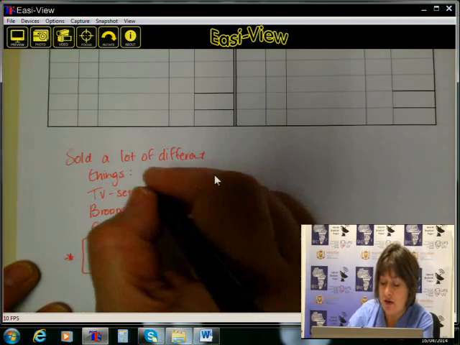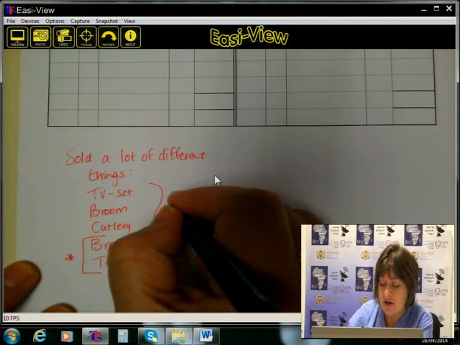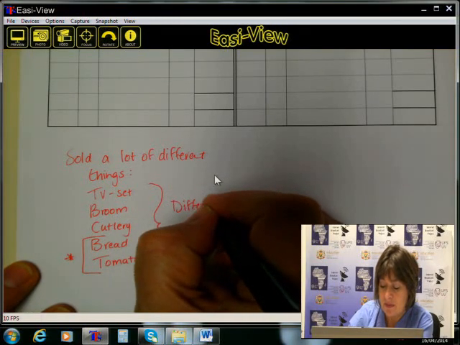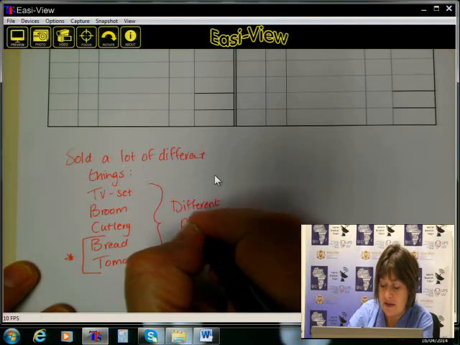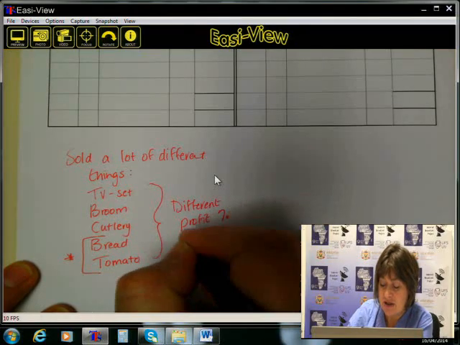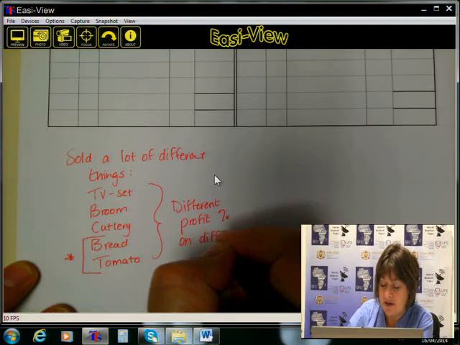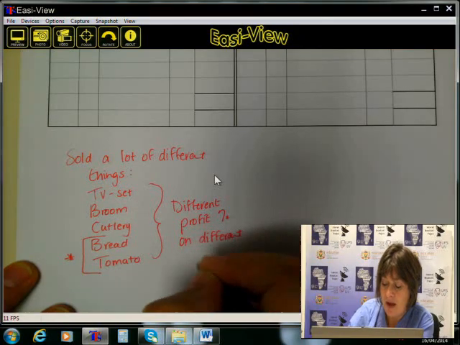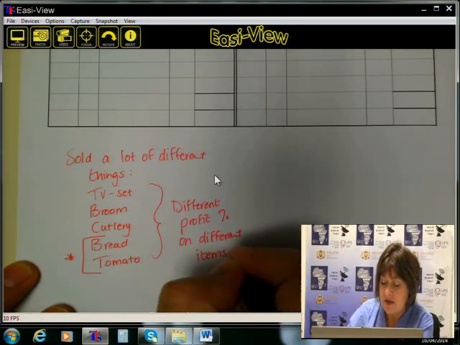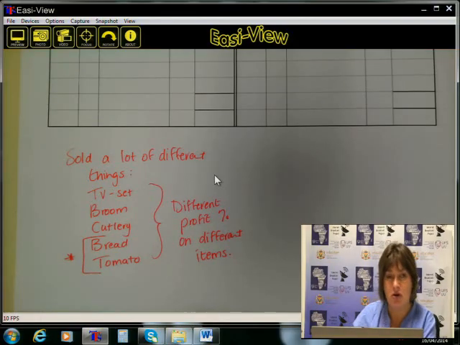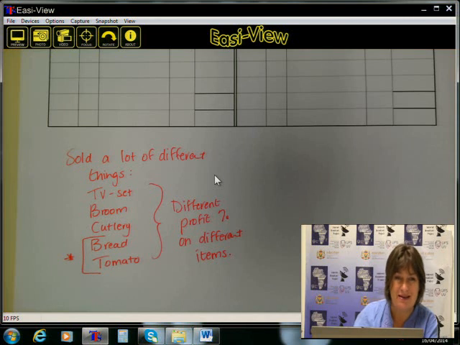So now you've got, in this case, different profit percentages on different items. So that means whenever we sold, you cannot work out the cost price by the press of a button.